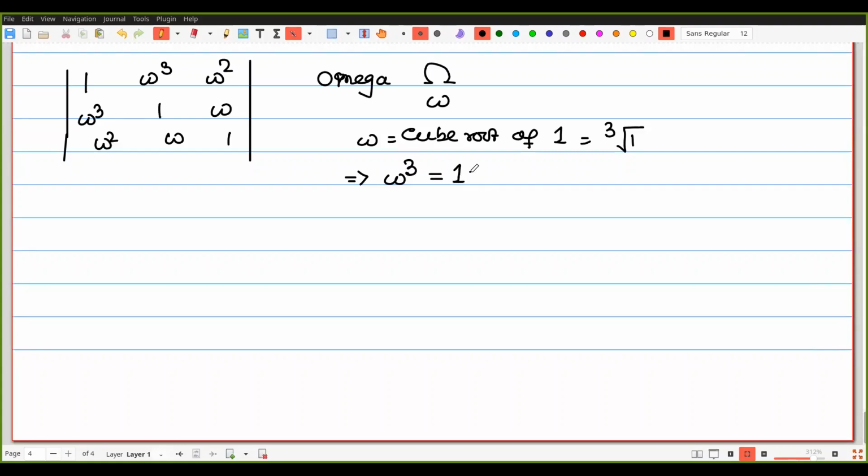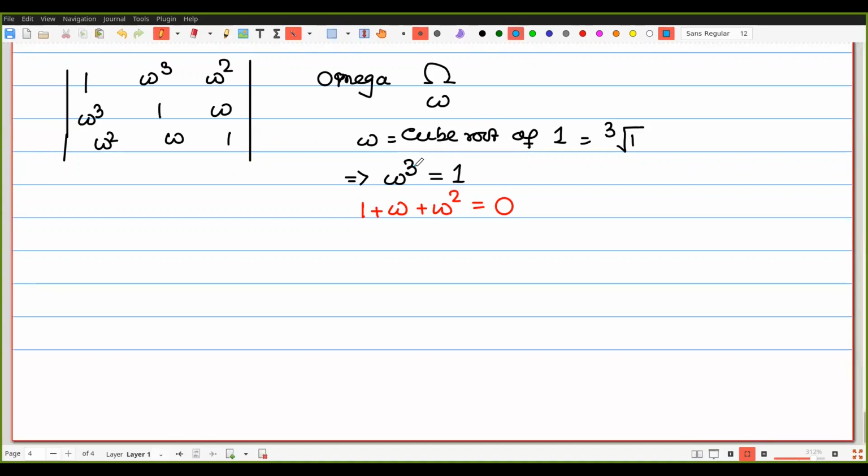That is the first property for omega. The second one, which has not been given in the problem, is that 1 plus omega plus omega square is equal to 0. That is required, but not at this moment, rather at the last moment.